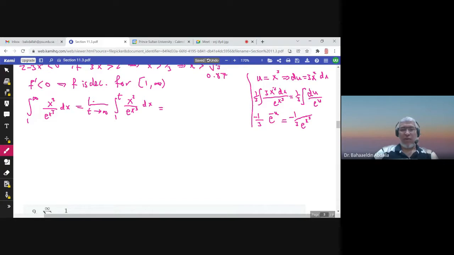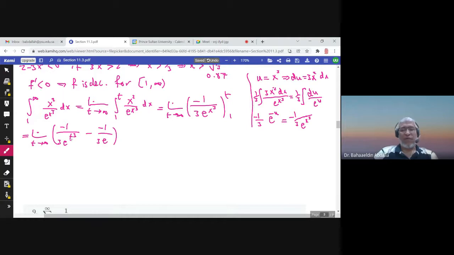So we will have the limit as t approaches infinity of negative 1 over 3 e to the power x cube from 1 to t. And this is the limit as t approaches infinity of negative 1 over 3 e to the power t cube minus negative 1 over 3 e to the power 1, so 3e.